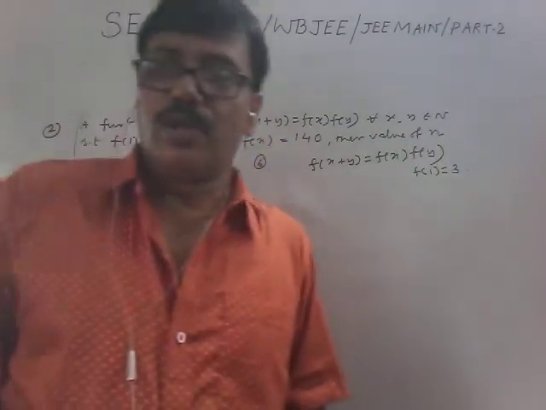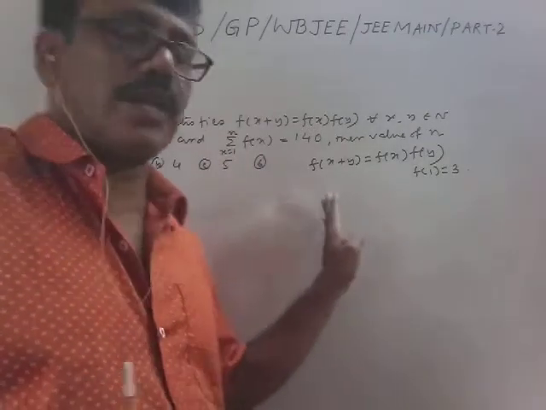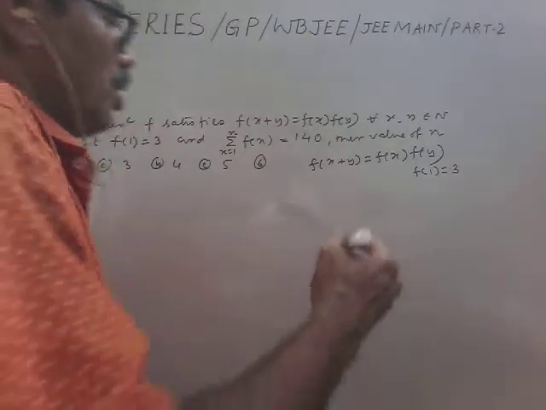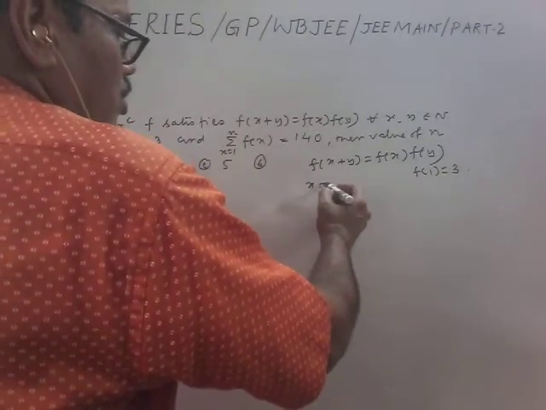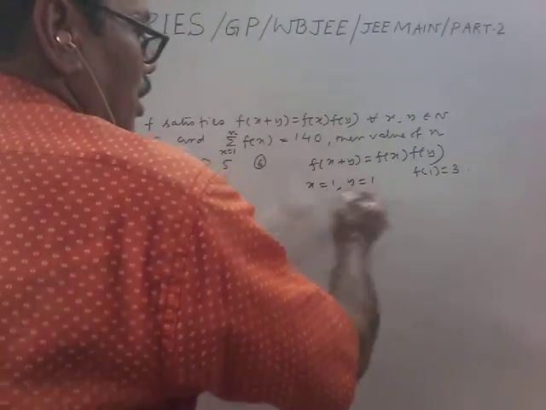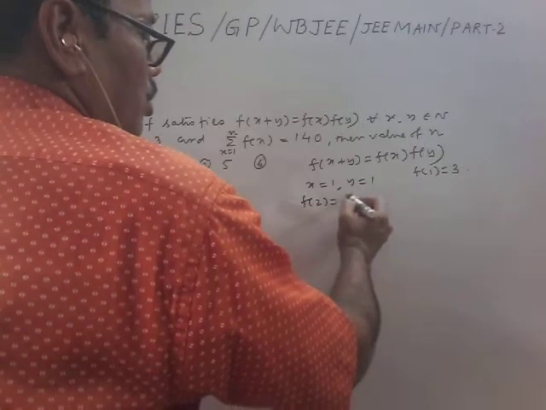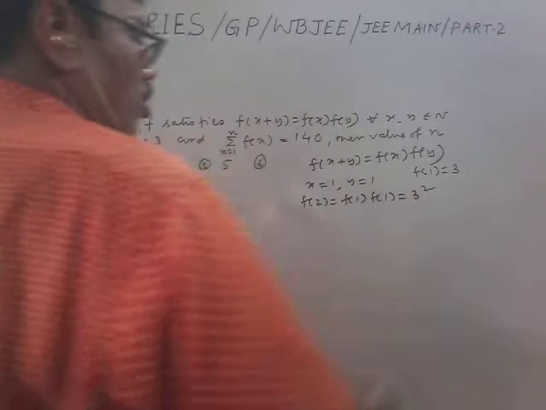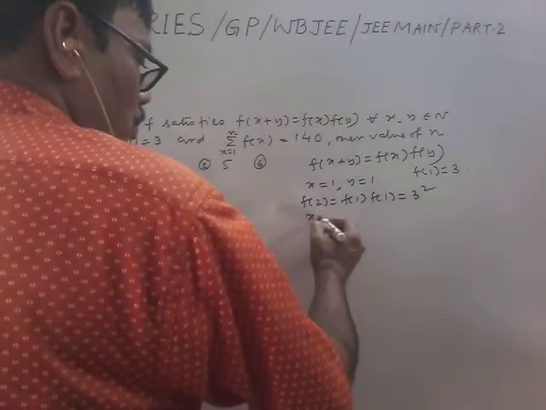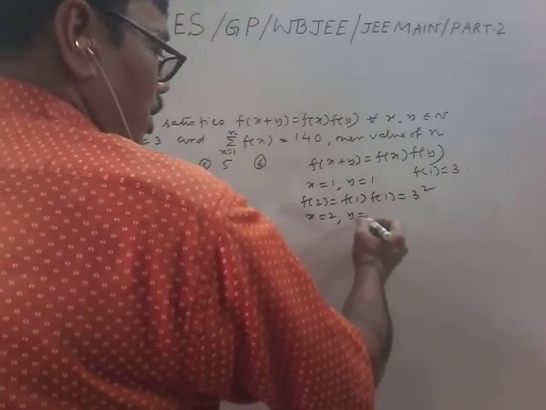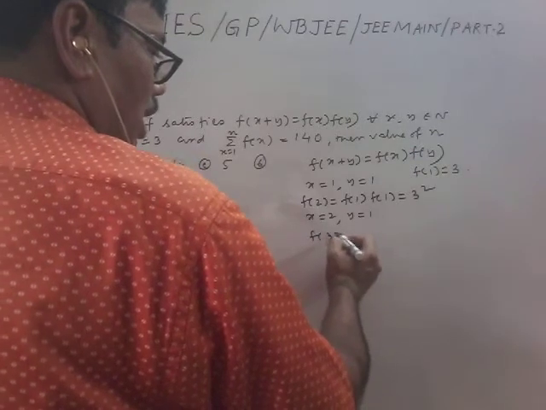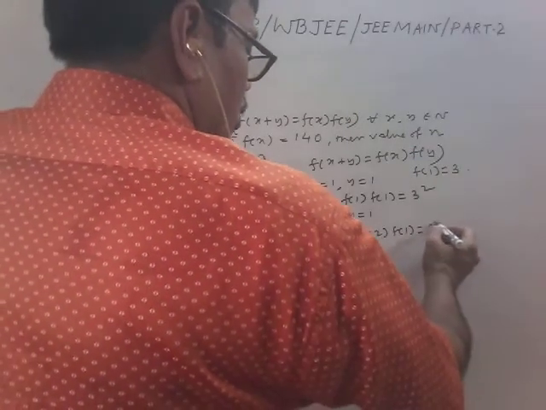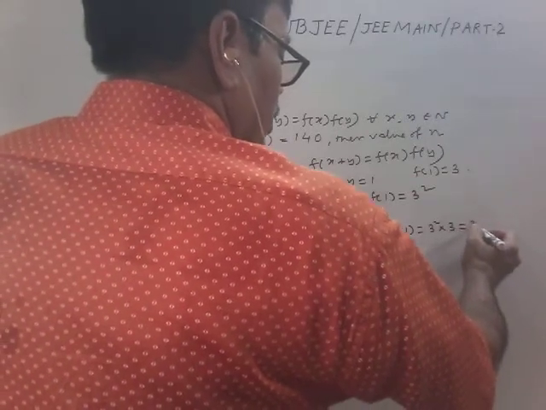Now you know, we put suitable values of x and y and find f2, f3 and so on. If we put x equals 1, y equals 1, then f2 equals f1 into f1 equals 3 square. If we put x equals 2, y equals 1, then f3 equals f2 into f1, so 3 square into 3, this is 3 cube.